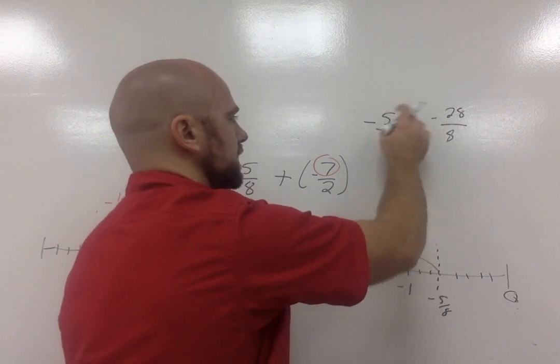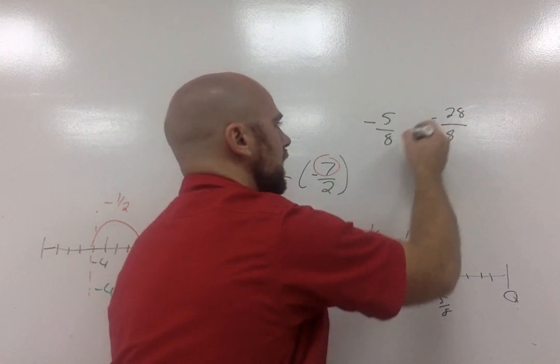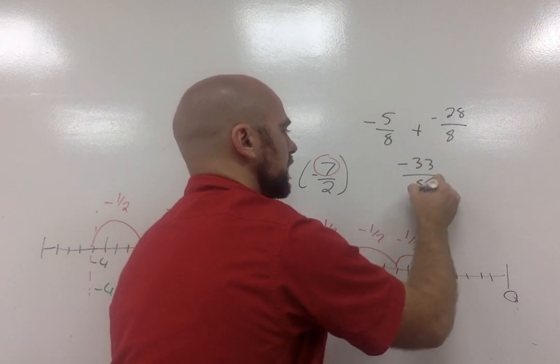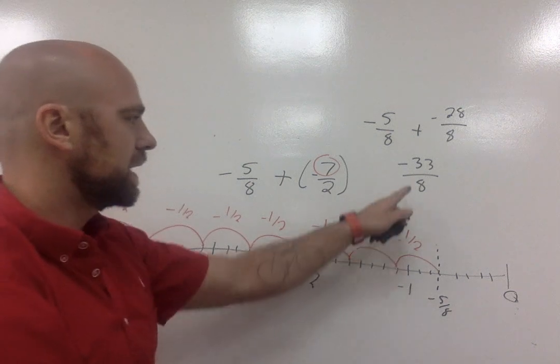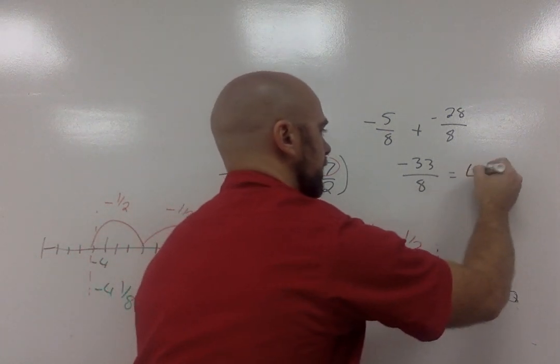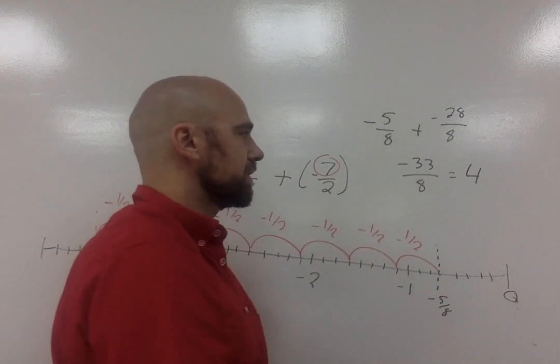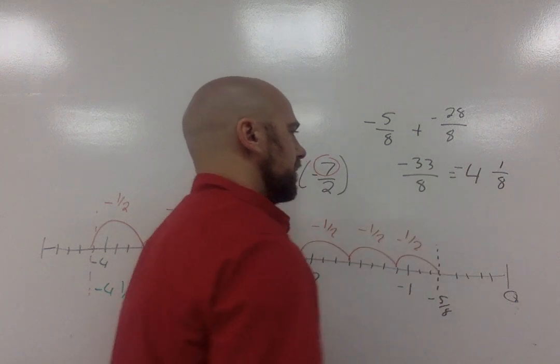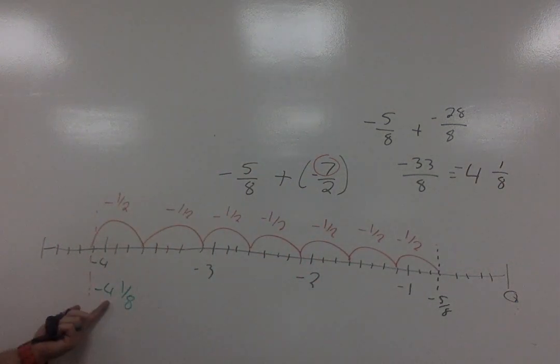So now I'm adding these together. Okay? So that gives me negative 33 over 8. If I want to reduce that, I can take 4 wholes out. So 4 times 8 is 32. Subtract 32 from 33, I get 1 over 8. And the whole thing is negative. And that's the exact same thing that I got previously.